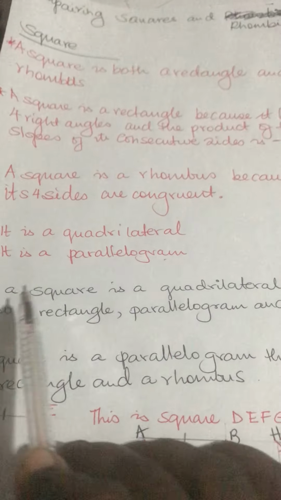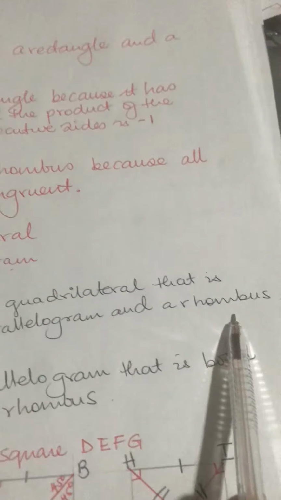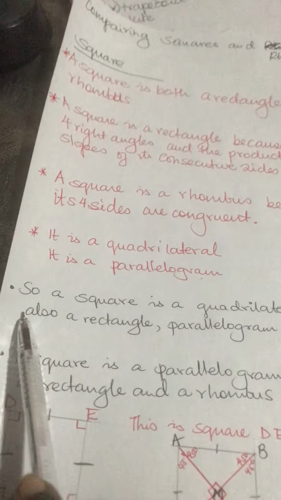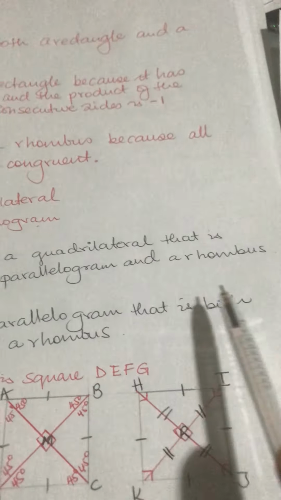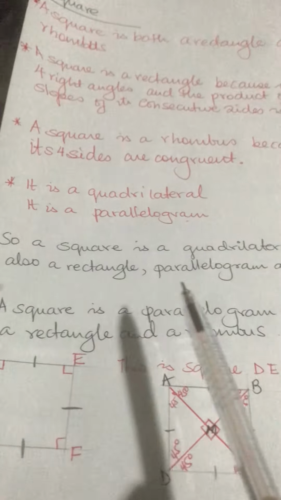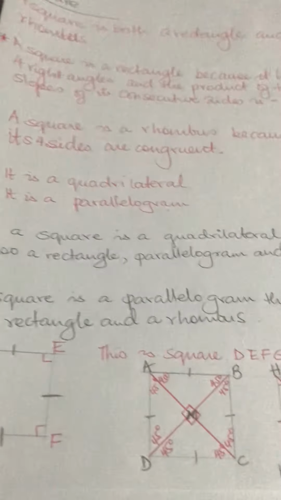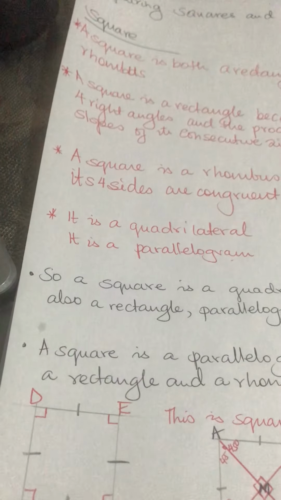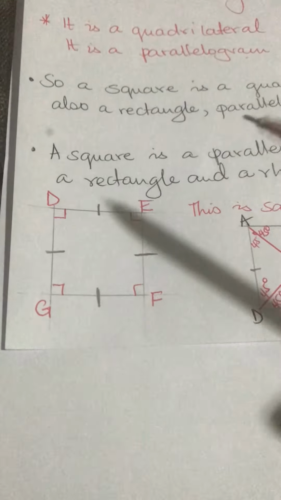So a square is a quadrilateral that is also a rectangle, a parallelogram, and a rhombus. I added these statements together and made one. Or I can say a square is a parallelogram that is both a rectangle and a rhombus. All these statements are correct. You should read carefully. The minute you read incorrectly, life becomes difficult. I keep saying that to you.